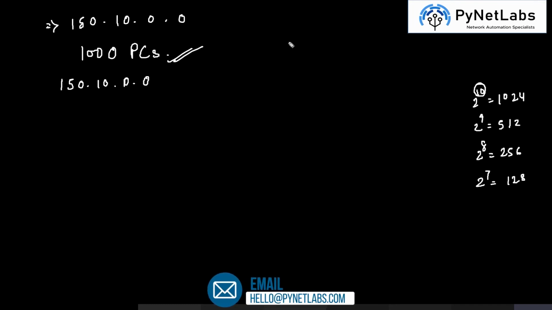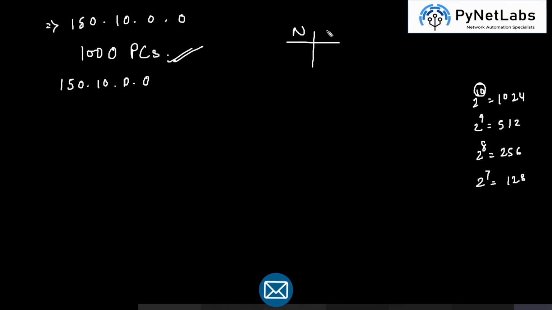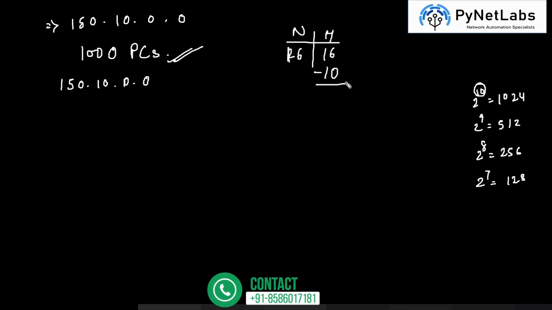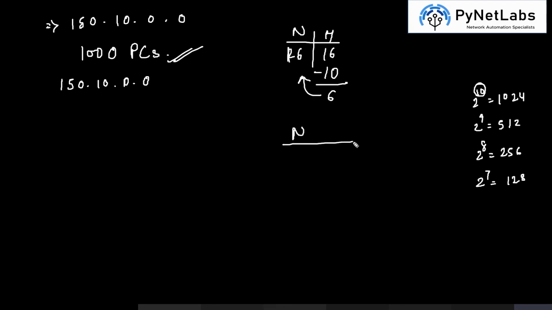So we will have a look at the default distribution, which is 16 16. We need only 10 host bits, so we get 6 as remainder, and we will give this 6 to the network part. Now network is 22 and host is 10.